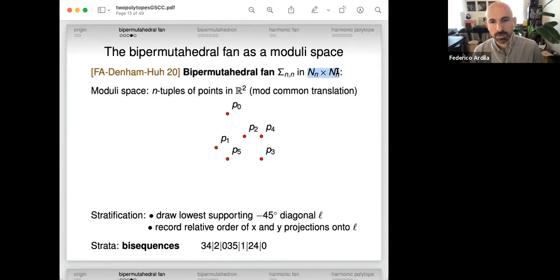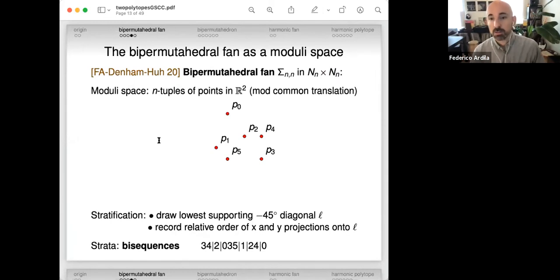If you're paying very close attention, what I mean here is R^n mod R times R^n mod R. And what I'm doing is basically taking the x and y coordinates, and so the x coordinates I'm putting into a vector here, and the y coordinates into a vector there. But really I find it much more useful to think of the space that I'm living in as the space of n-tuples of points moving around R^2, but again, modulo common translation. So if you shift the whole plane, that doesn't change the configuration.